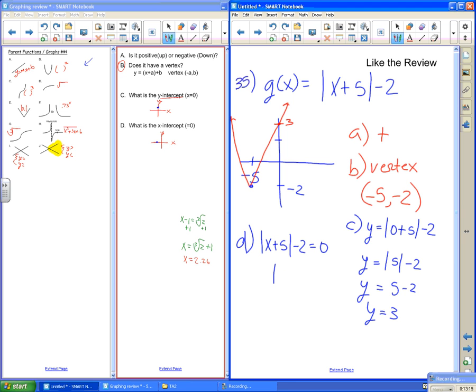Well, I add 2, and then I have to split it. X plus 5 equals 2. X plus 5 equals -2. Subtract 5 here. X equals -3. Subtract 5 here. I get x equals -7. So that means these 2 points have just been identified as -7, -3, and that should be enough to pick out your graph.